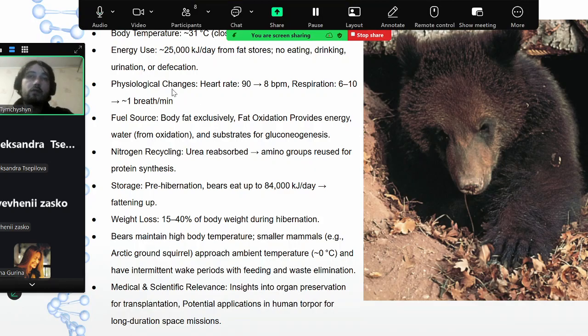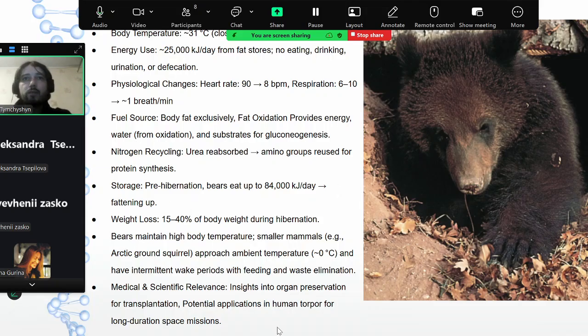And of course there are some physiological changes, like heart rate drops impossibly low, and respiration drops very low. But the interesting part is that they use body fat exclusively, and the fat oxidation provides enough energy and water and substrates from gluconeogenesis, so they can survive through the winter. So that's really interesting.